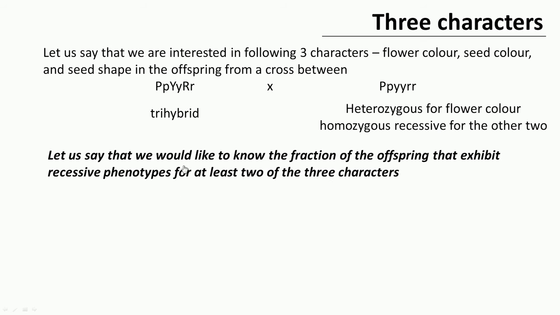And let us say that we would like to know the fraction of the offspring that exhibit recessive phenotypes for at least 2 of the 3 characters. This is what we are interested in.